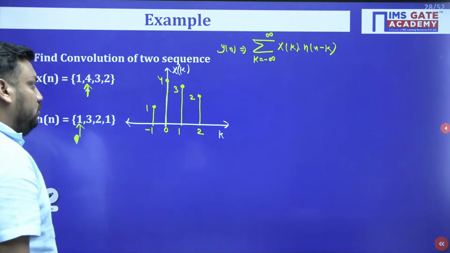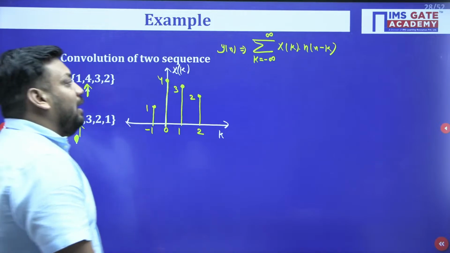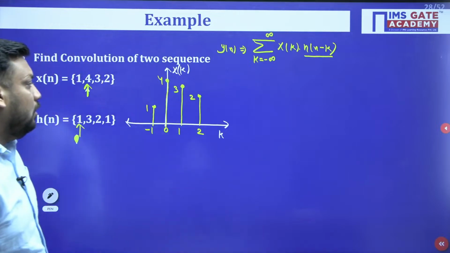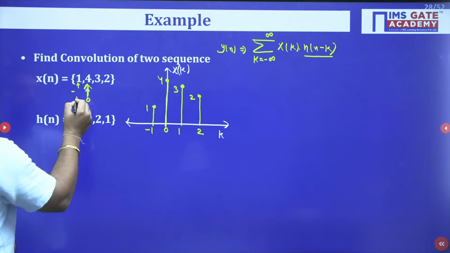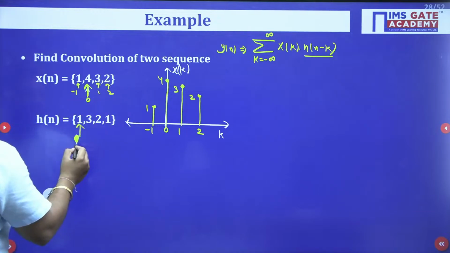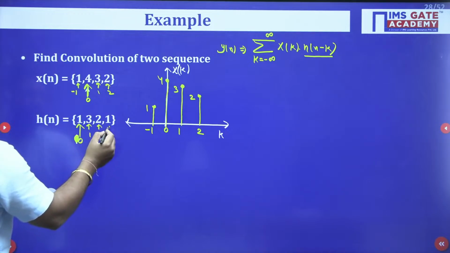This is my x[k]. Now h[n minus k]: the limit starts from minus 1, 0, 1, 2 for x, and for h the limit starts from 0, 1, 2 and 3.